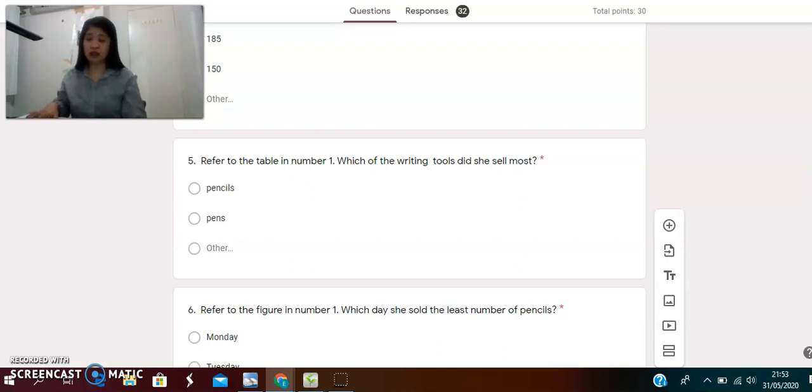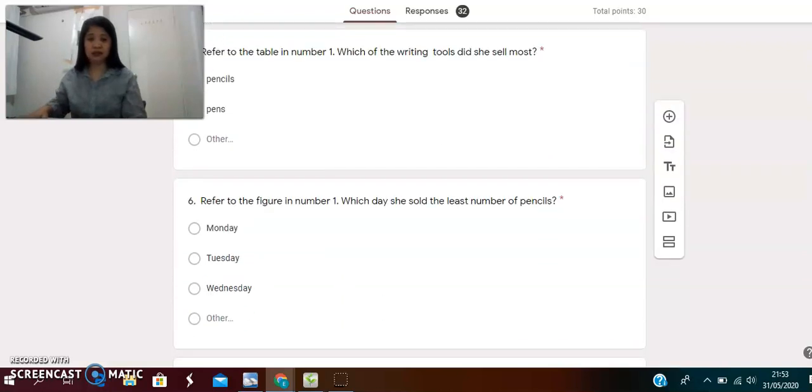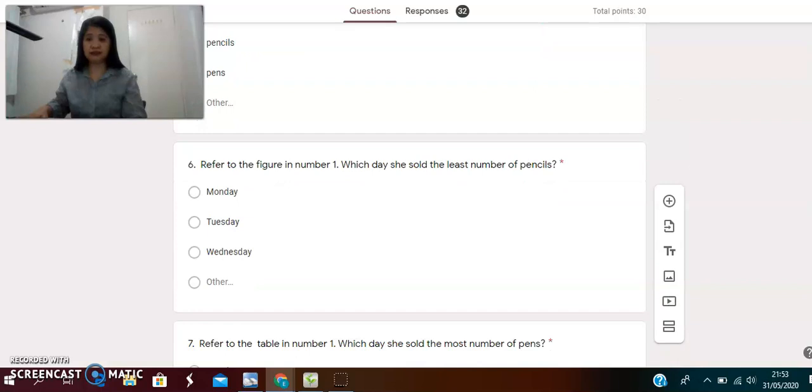When you add, for pens you get 124, for pencils you get 185. So the answer is pencils. Number 6. Refer to the table in number 1. Which day did she sell the least number of pencils?